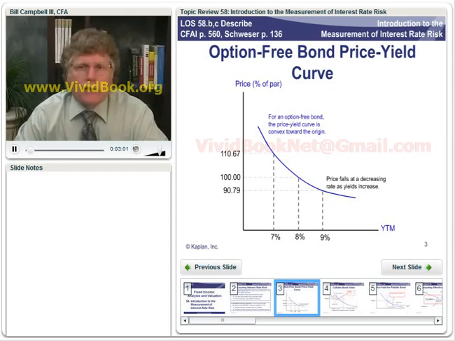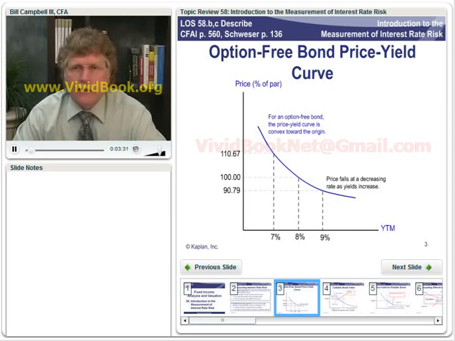Conversely, as the yield to maturity goes up from 7% to 8% to 9% to 10%, the price of the bond drops, but it's dropping at a slower and slower rate as the yield goes up. This means that when we calculate the sensitivity of the bond's price to a change in yield, it's going to depend where we are on the curve. It's going to be more sensitive at lower yields, less sensitive at higher yields.